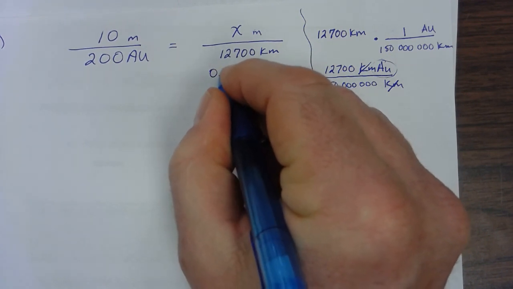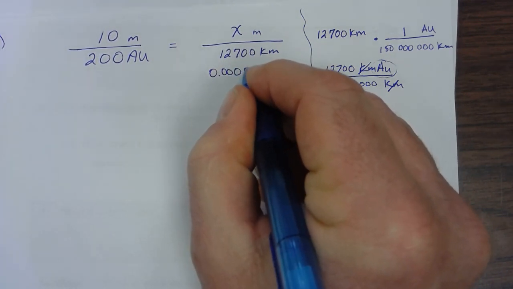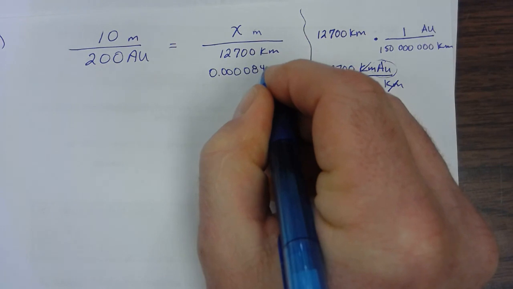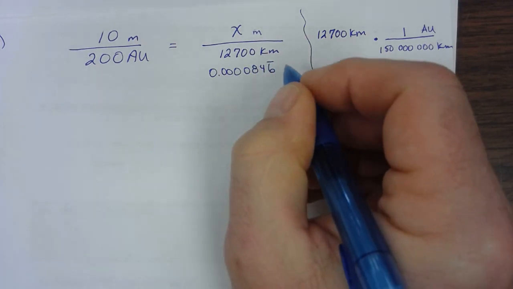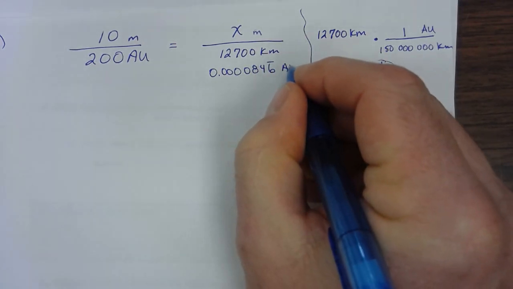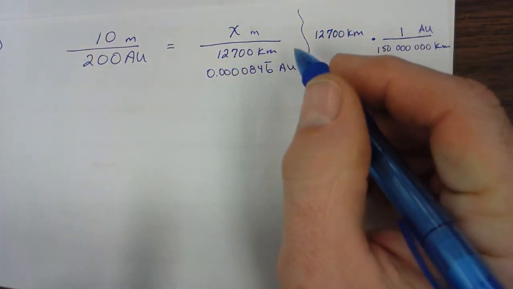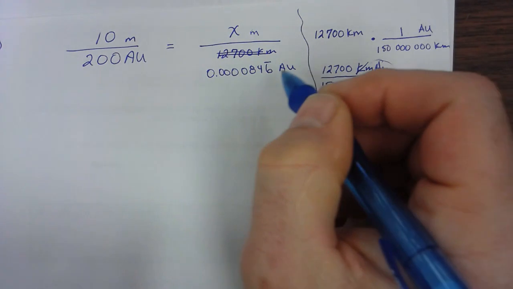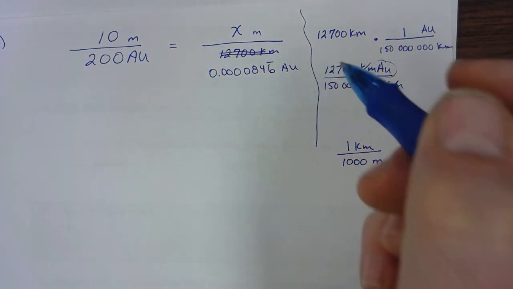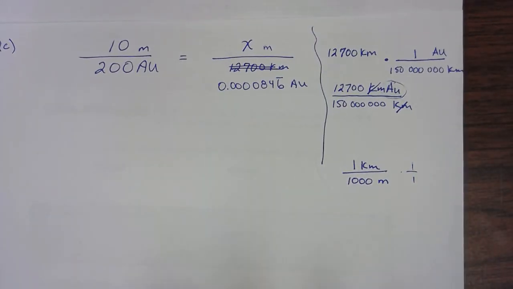So it's going to be 0.0000846 repeated AU. Okay, so that's that number there. I'll put that in there to replace this one. It's the same amount, but now our units are working together.